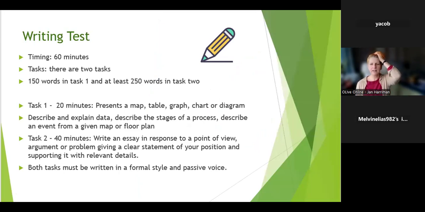So, what are the two parts? What is the first part of the writing test? What do you have to do in task 1 for the academic IELTS? What do you have to do? Two words.